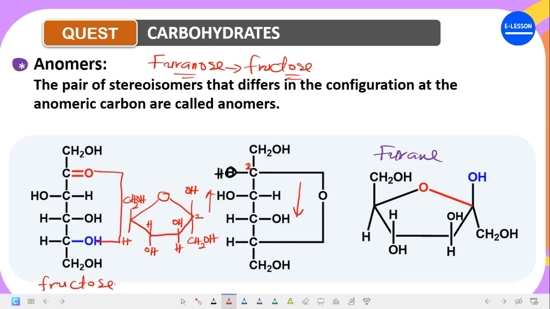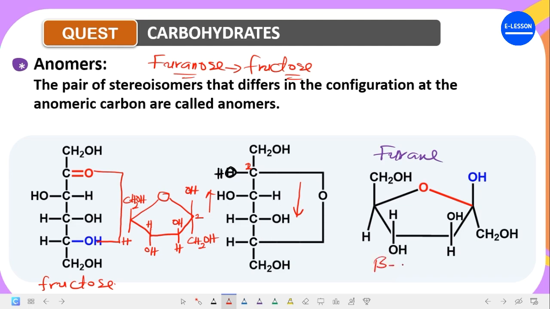Now, look at it very well. It also follows the same procedure. Are you getting it? We have the alpha form and then the beta form. So which of them do you think is the alpha form here, and which is the beta form? We said that when this one is facing up, you call it beta. Are you getting it? If it is facing down, you call it alpha.